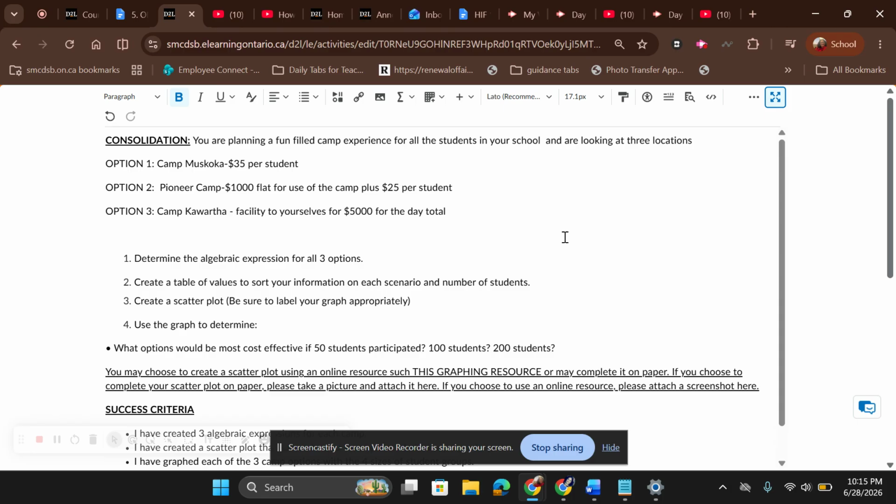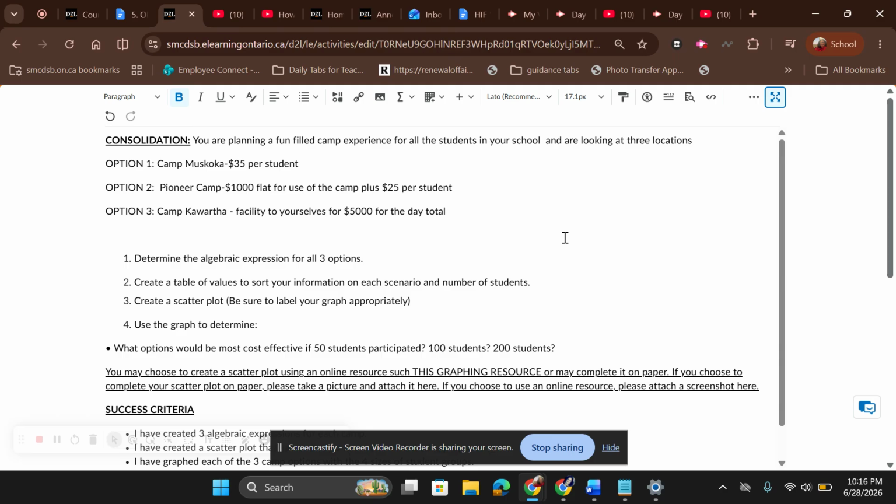Okay, so you're planning a fun-filled camp experience for all the students in your school, and you're looking at 3 locations. Camp Muskoka is $35 per student. Pioneer Camp is $1,000 flat for use of the camp, plus $25 per student. And Camp Kawartha, you have the facility to yourself, but it's $5,000 for the day.